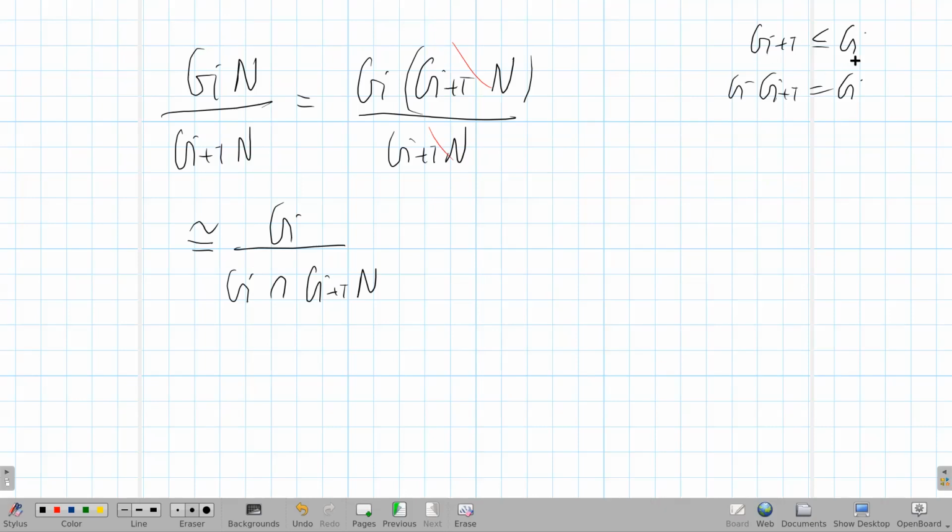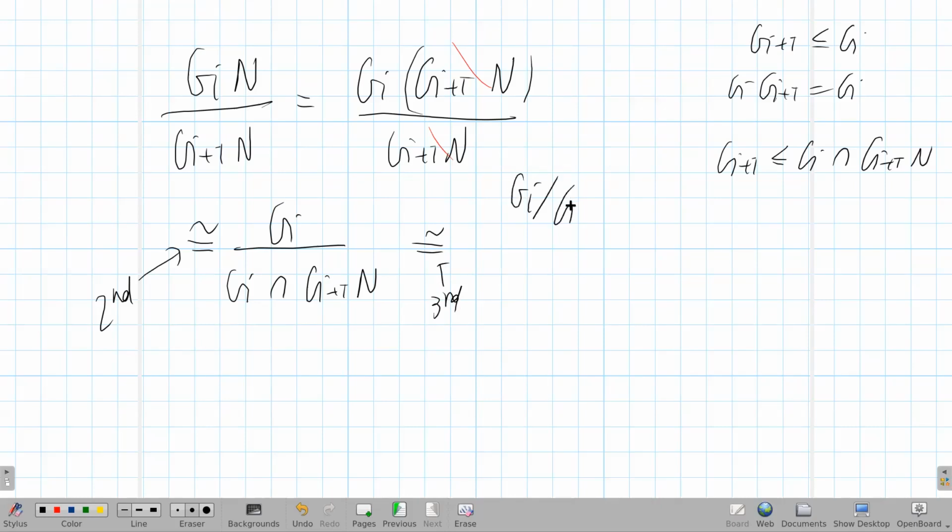So we know that Gi is containing Gi+1, but of course Gi N is also containing Gi+1 N, because this is a product of the two. So this was the second isomorphism theorem, but you can use the third, and this will tell you, it's the same thing we have used a second ago, that this is isomorphic to this big quotient.